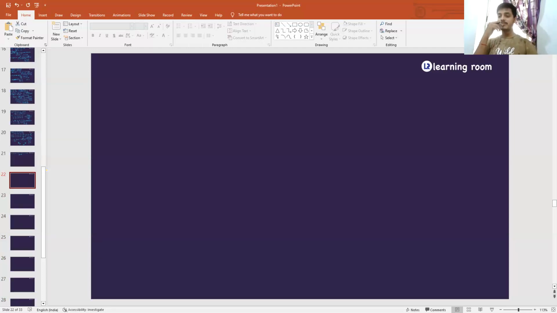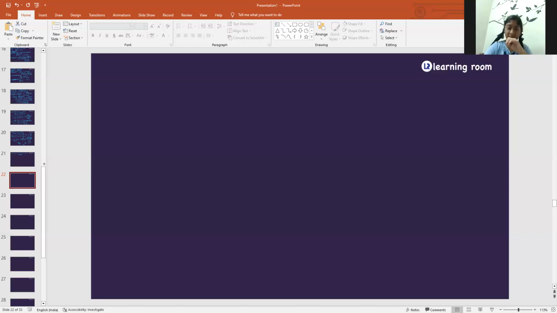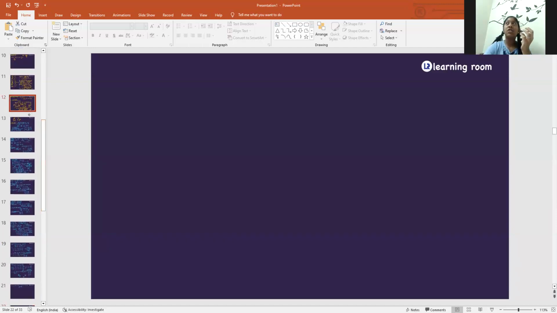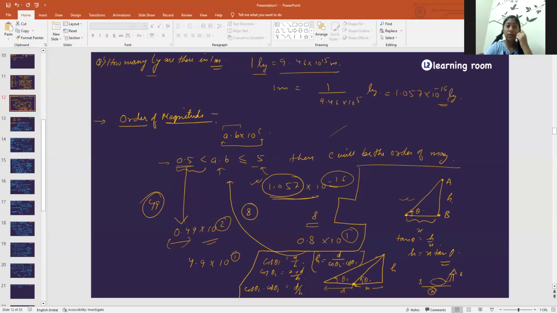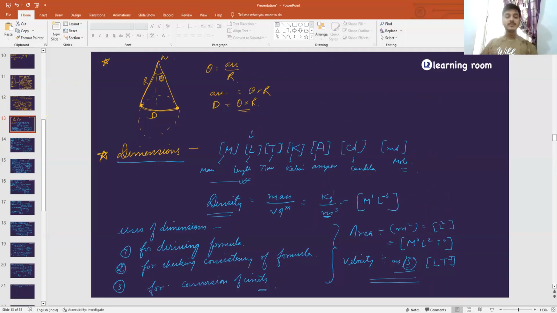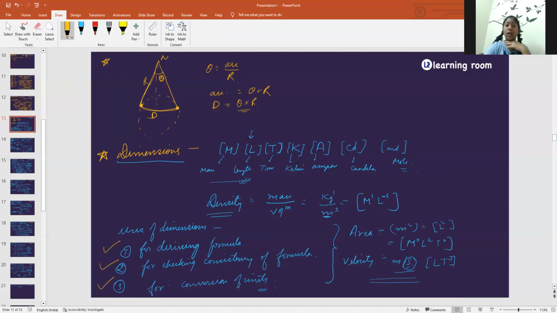You can see the notes. Three uses of dimensions. I made you write. Sir, is it to check the correctness of the values, and deriving the formulas, and conversion of units from one system to another system?